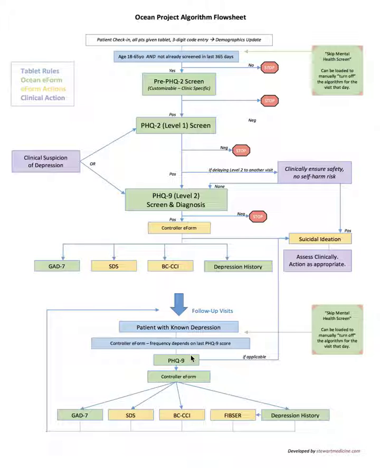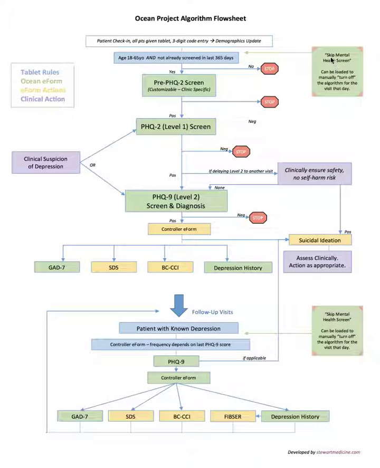One final item here is that sometimes our days are very busy and you might be having a very complex visit with a patient with, say, diabetes and congestive heart failure, and you just don't have time. You don't have time and the patient might not have time to do a ton of different forms and templates. So what we've done is we've made a skip mental health screen e-form that can be manually loaded, that just simply turns off the algorithm for that visit.